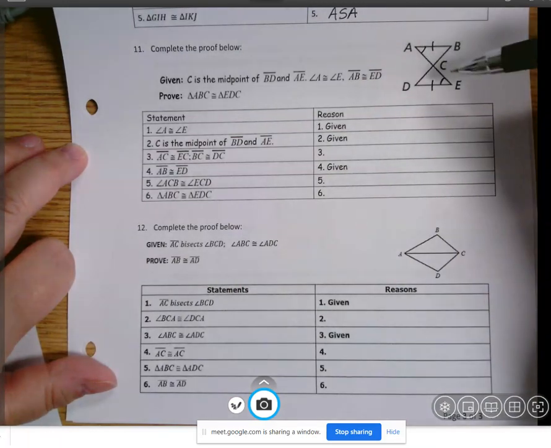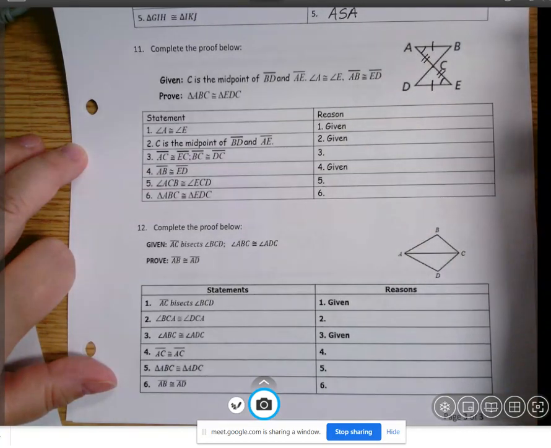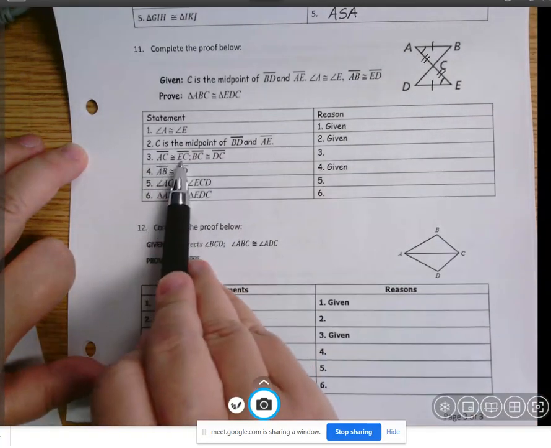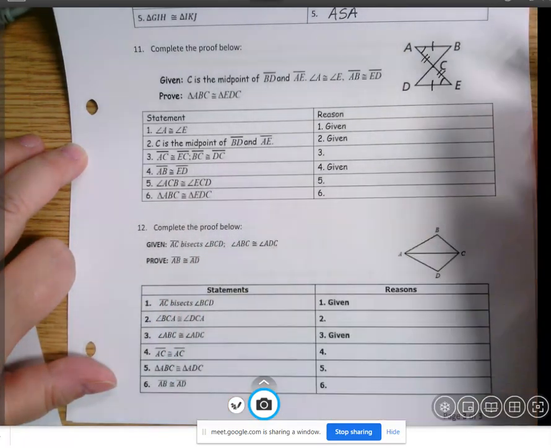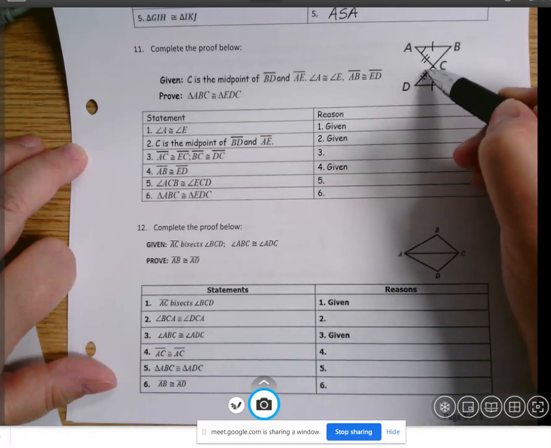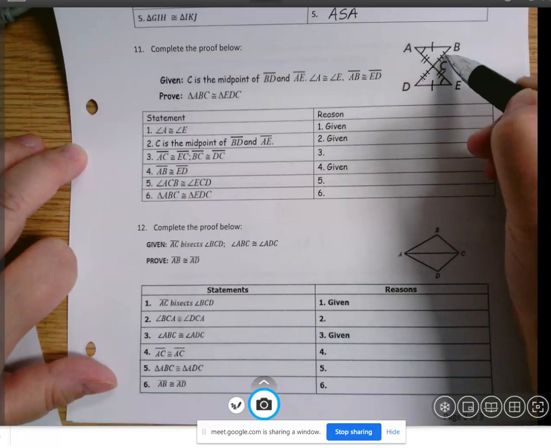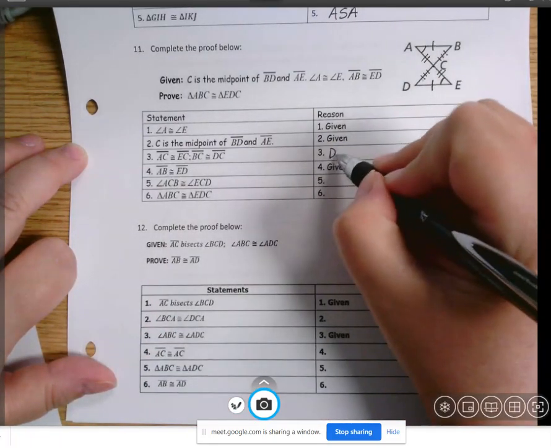If you're going to tell me that C is the midpoint of AE, then I'm going to say, oh, okay, these two segments are congruent, which is this right here. If you're going to tell me that C is the midpoint of BD, here's BD. If C is the midpoint, then these two segments are congruent, and that's them right there. So this is definition of midpoint.